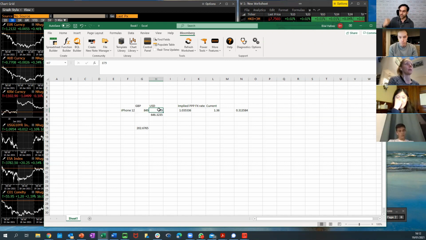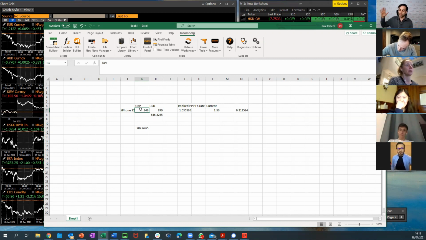They'll be leaving the UK, converting their pounds to US dollars. So people will start to fly to New York and take advantage of the fact that the currency is so expensive and start buying everything in the US. Then in theory, if that's large enough, the pound should start to weaken and you end up going back towards PPP. So is that roughly clear, what I've just described there?